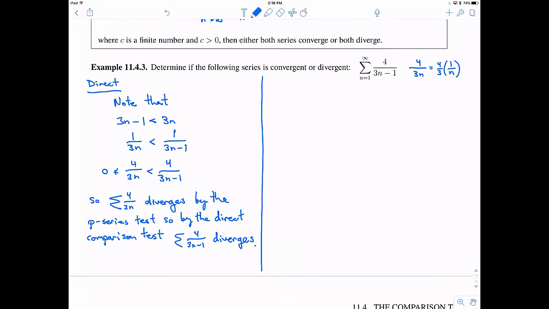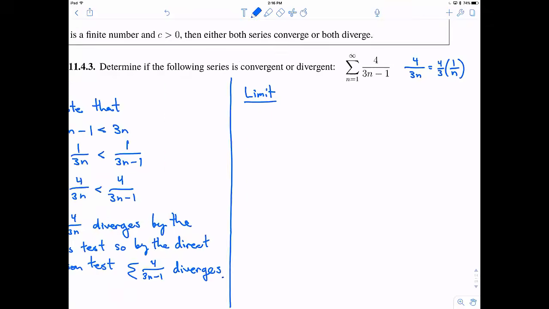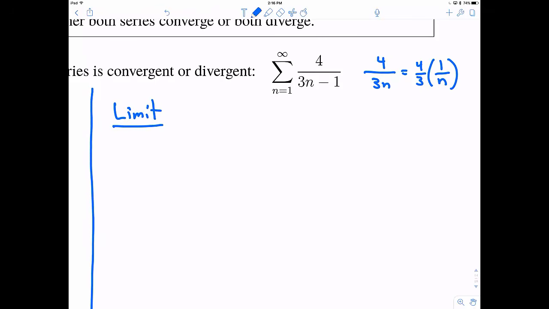All right, let's see how we would do this with the limit comparison test. With the limit comparison test, the claim is we would use the same idea. So I'm going to let my a sub n be 4 over 3n. This is what I'm going to be comparing it to.